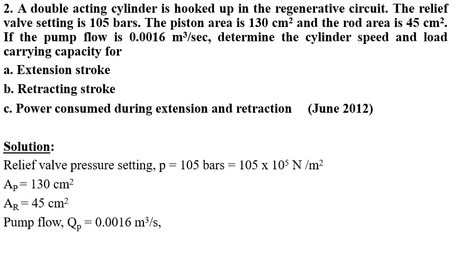Area of rod is given 45 centimeter square, and pump flow is given QP is 0.0016 meter cube per second. Now we will find out cylinder speed and load carrying capacity during extending stroke and retracting stroke, and also power consumption during both extending and retraction strokes.